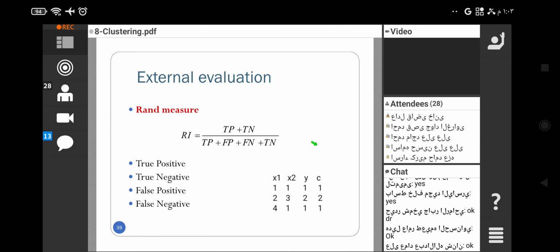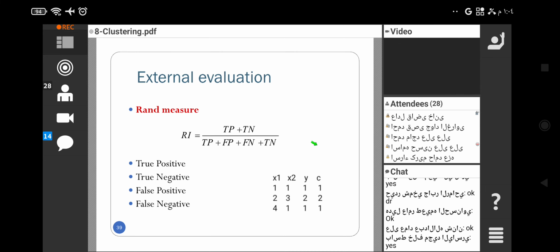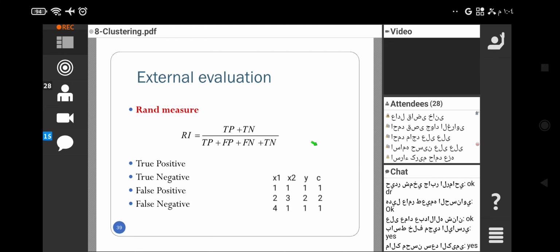When we have done this, we could use the Rand measure. Do you understand this? We don't need to worry about that, and there are functions that we could use.